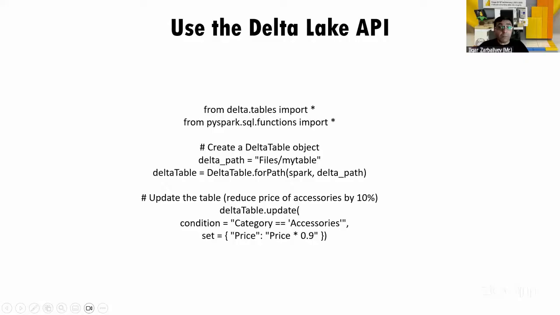In this example, we point at a folder in files, create a delta table object and then call update on it.